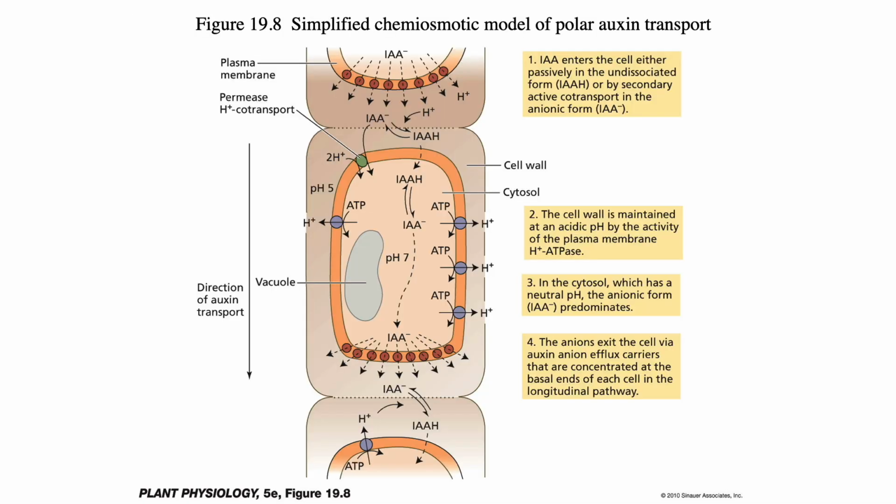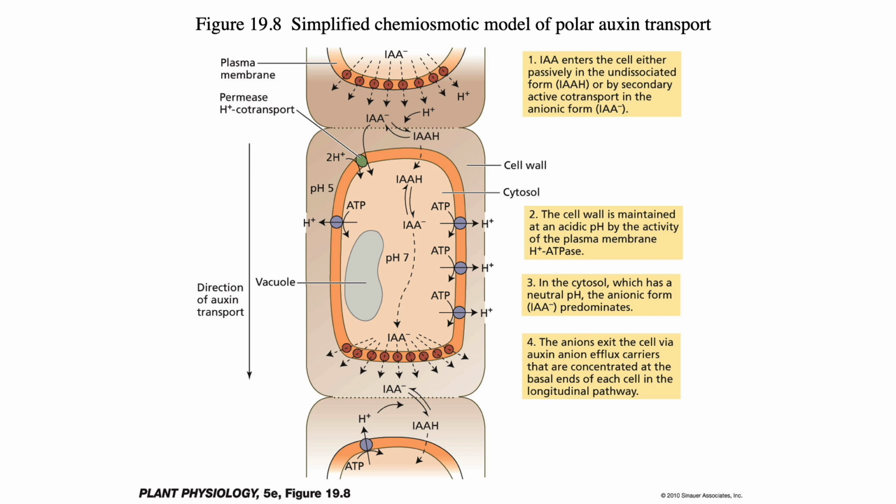So what is the mechanism of auxin transport? The chemiosmotic model of auxin transport explains how auxin moves directionally through plant tissues. This model relies on the pH difference between the cell wall and the cytoplasm, and the properties of the auxin's protonated and unprotonated forms.